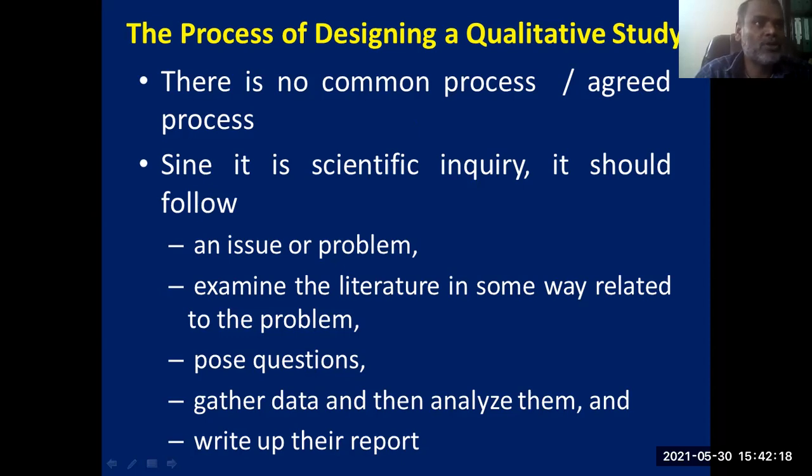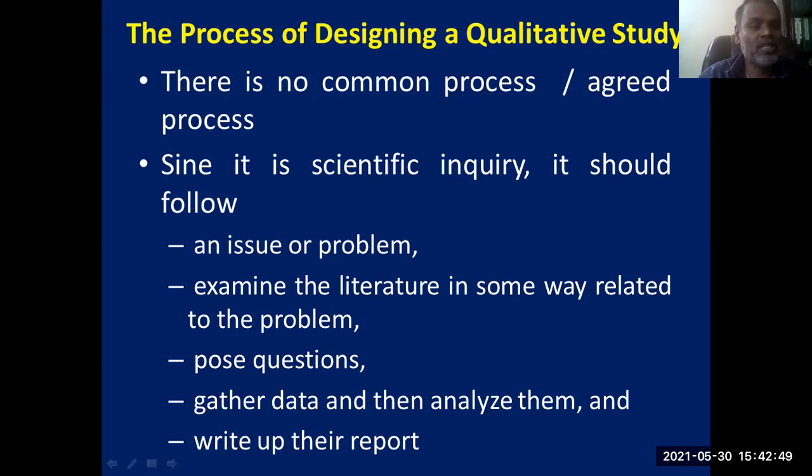If you are going to study poverty, you can explain the poverty from your problem statement, or from your rationale, and explain your issue or problem. Then the issue you are proposing needs to be examined through literature review. Related to the issue you are going to study, it is further examined through literature review.